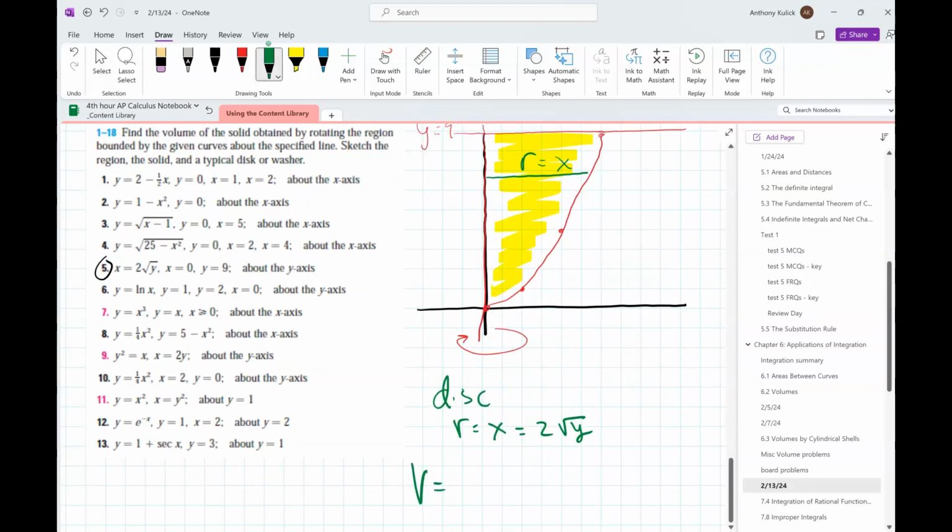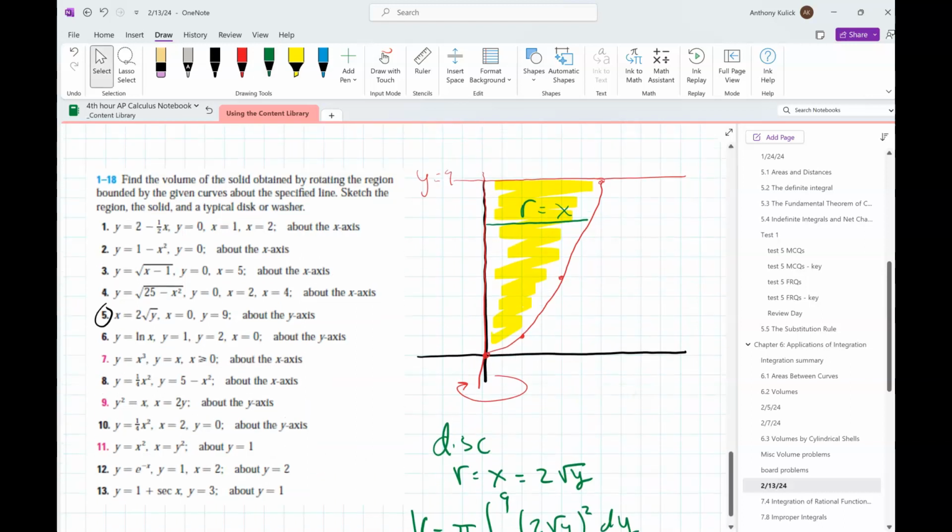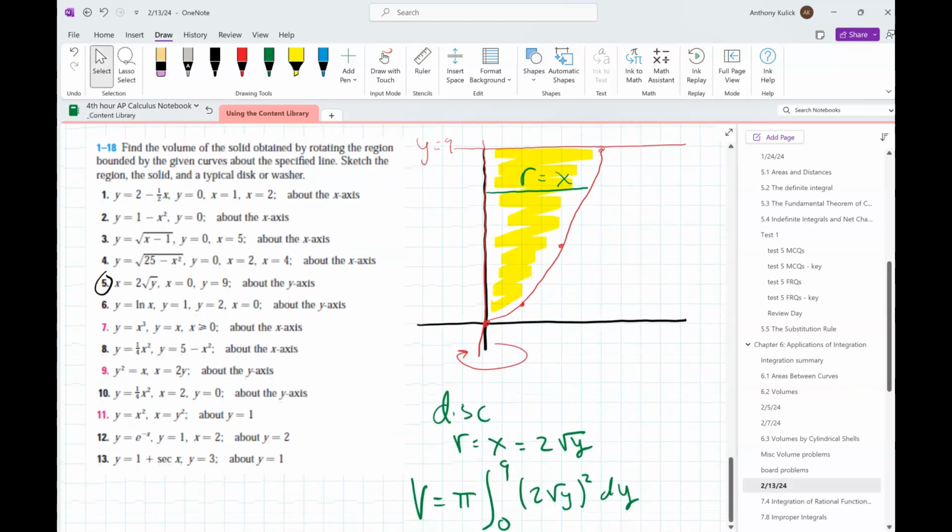So our volume should be pi integrating from 0 to 9 of R squared dy. If we're integrating with respect to y, think about the y-axis of the shaded region. You're just starting at 0 and going up to 9.